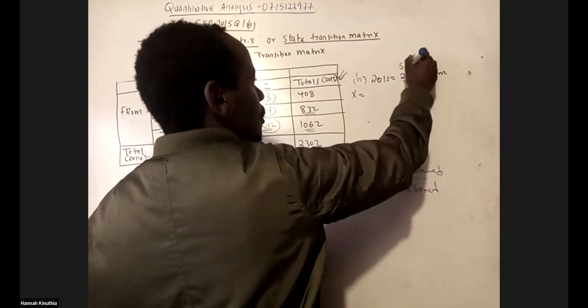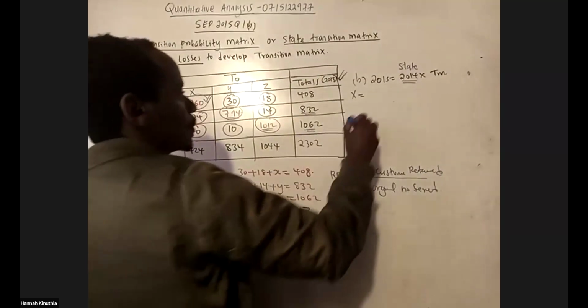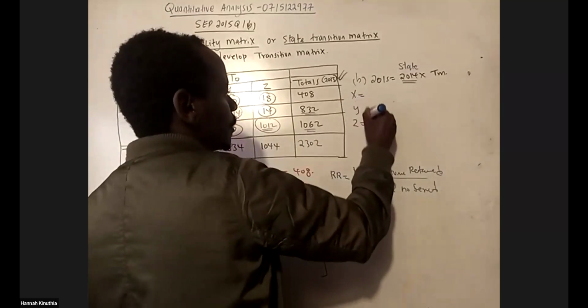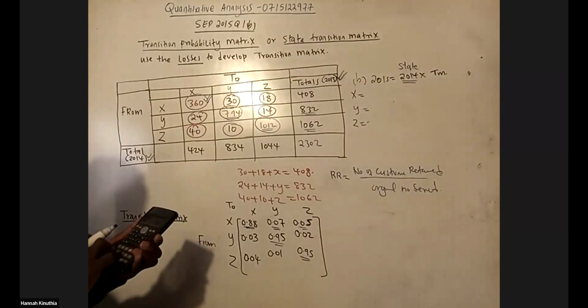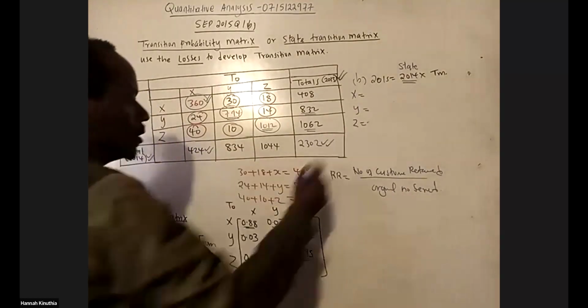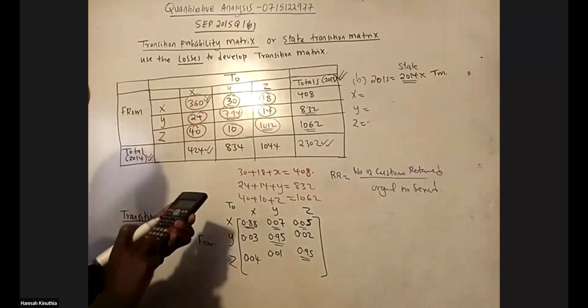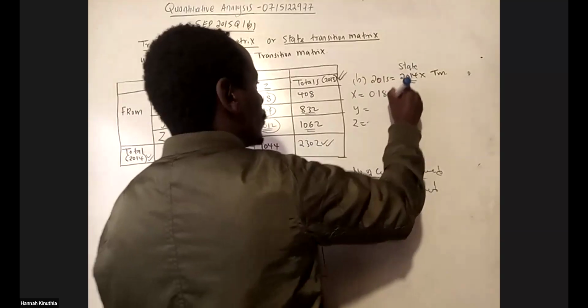So let us find the state of 2014. So we need to find for x, y, and z. Yes, we shall use for 2014. That one is correct. So itakuwa ni 424 divided by 2302. Narupatia 0.184.